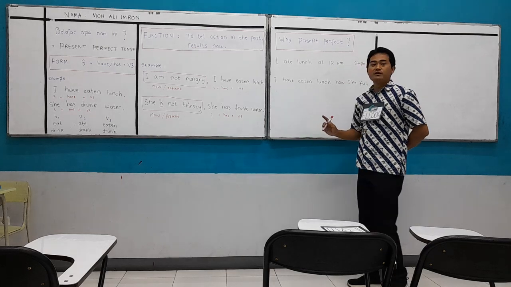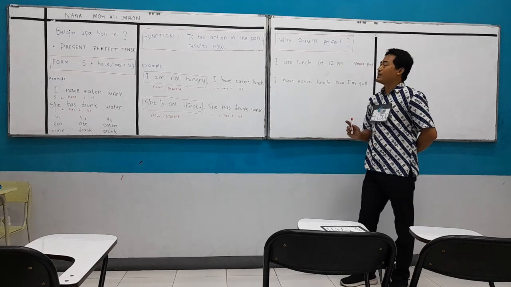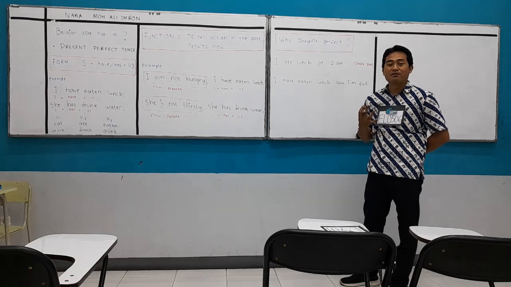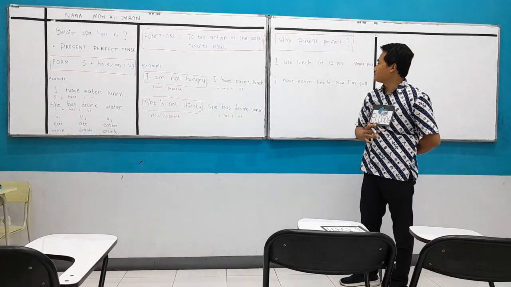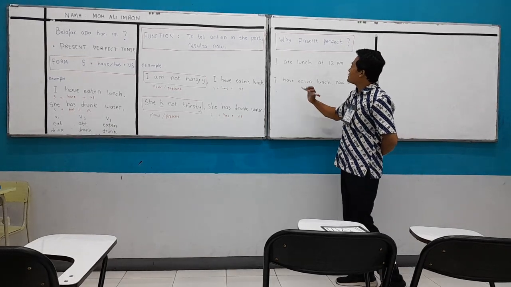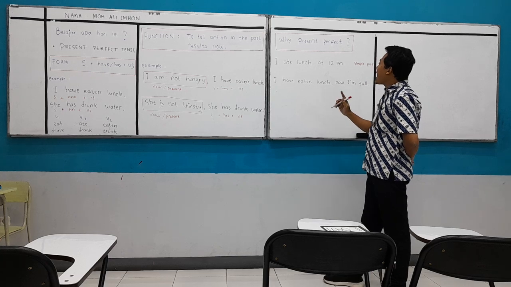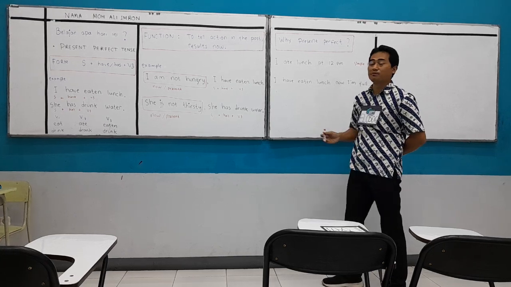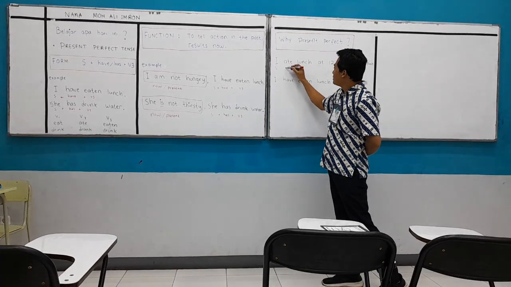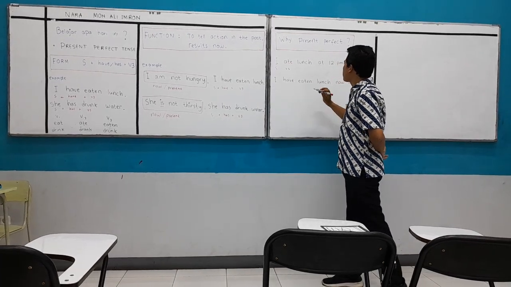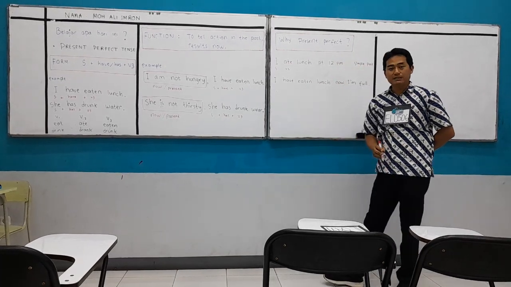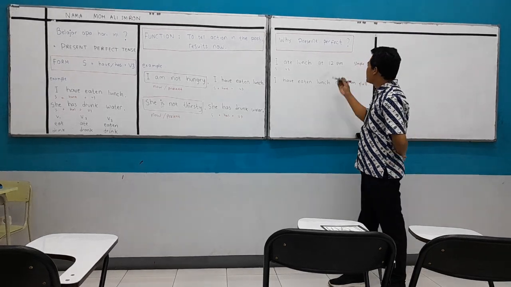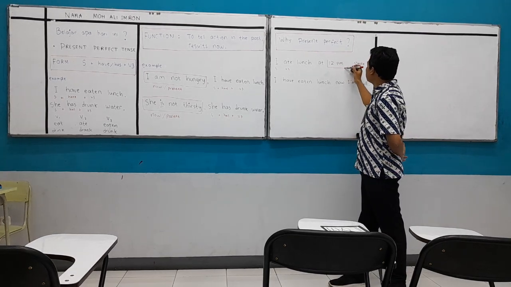Now, this is the difference between present perfect and simple past. Why do we use present perfect instead of simple past? The first sentence says, I ate lunch at 12 p.m. So this is simple past, right? As you can see, the big difference here is that in simple past there is a time signal.